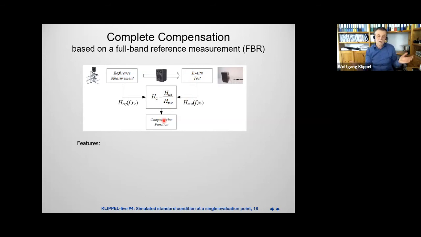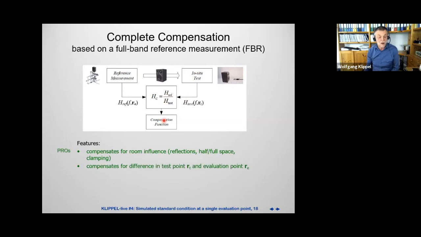In a certain way, you take out the real room and put that into the desired target environment. Quite simple. What are the pros? We are compensating for everything that is not right, including room reflections and differences in the points, but we have some disadvantages.